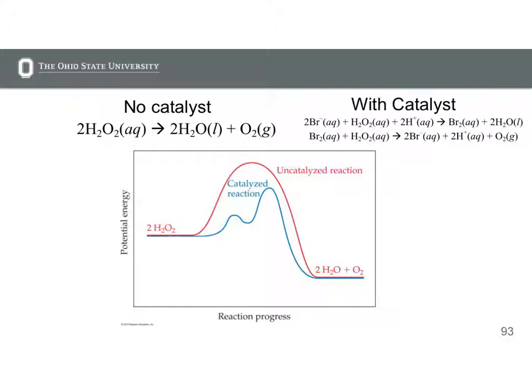When we do the catalyzed reaction, the overall E sub A is going to be lower. Now there's multiple steps, but overall activation energy is lowered, and so that allows for the reaction to proceed more quickly. I'm showing the catalyst here as bromide, so iodide would work as a catalyst, bromide would work. That's kind of fun.